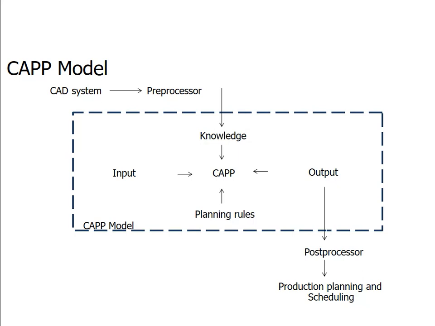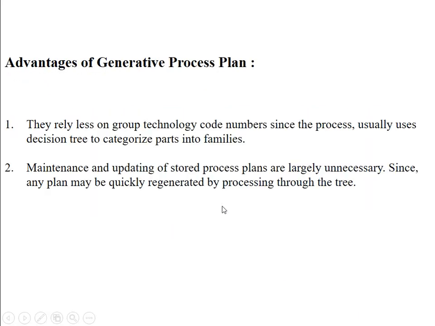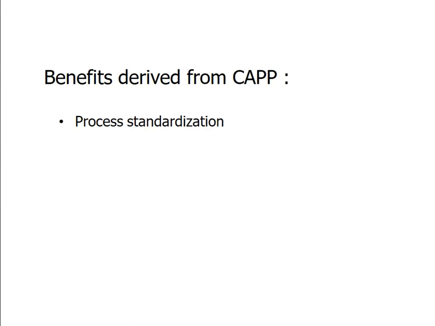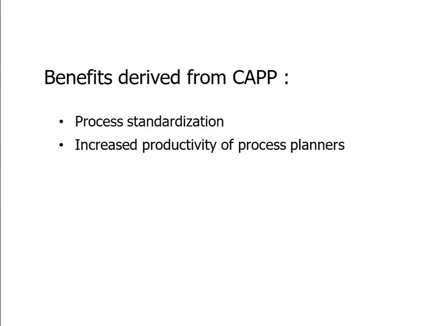So there are some planning rules to be operated. All those things will be taken care of by this computer CAP model, the post processor, and production planning and scheduling, depending on the planning rules, the input and output, and the knowledge from the design you have given for that model. So these are the advantages and differences between those two. You can go through it.